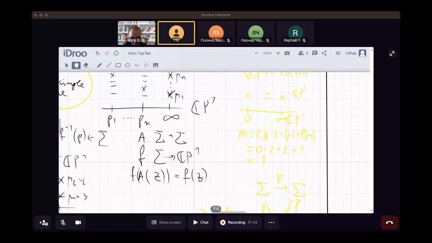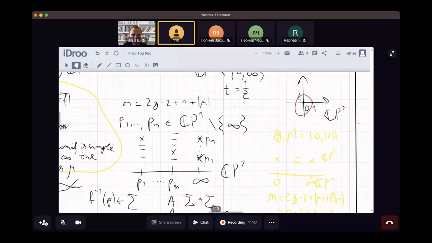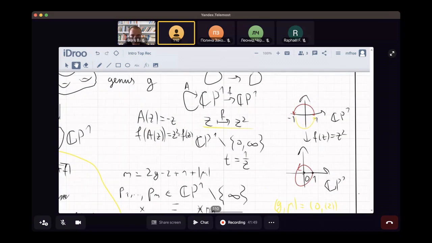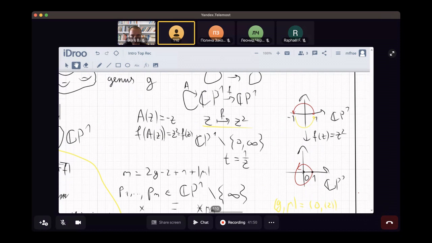Actually, we don't even have to think about that in those terms. We can go back to our particular representative, z to z squared, and there we see our automorphism directly, like we discussed last week. Z maps to minus z. This is clearly an automorphism.